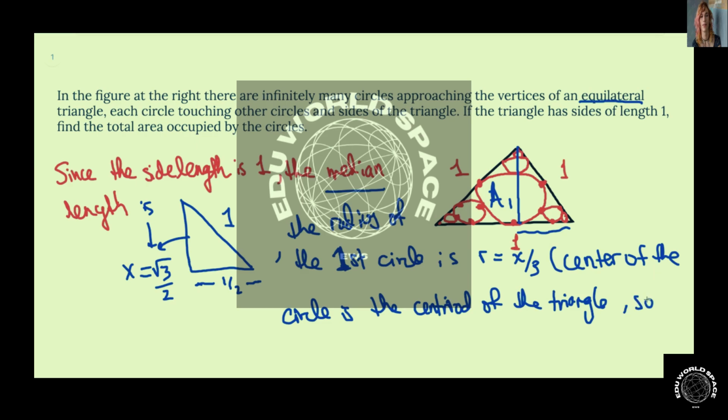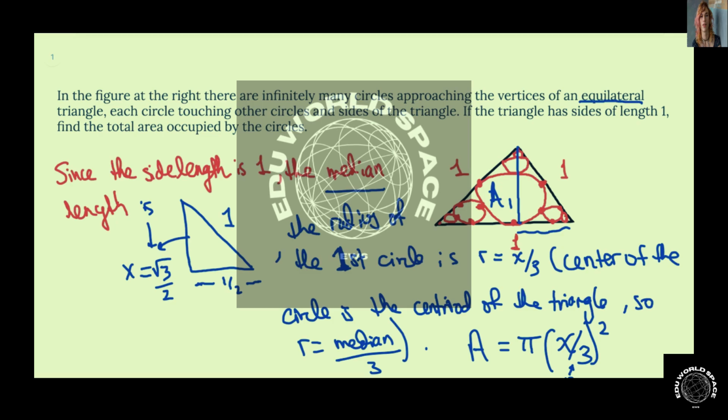So the radius is median over 3. This tells us that A equals pi times (x/3) squared, because r was x/3, excuse me. That's my r, median over 3, and then we square that.